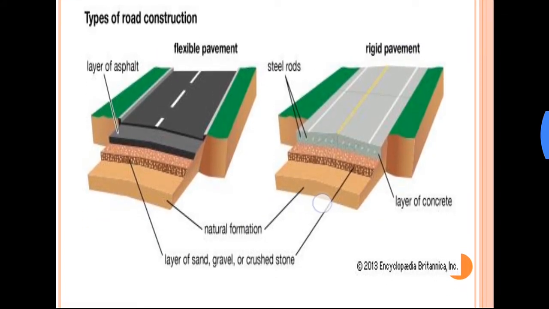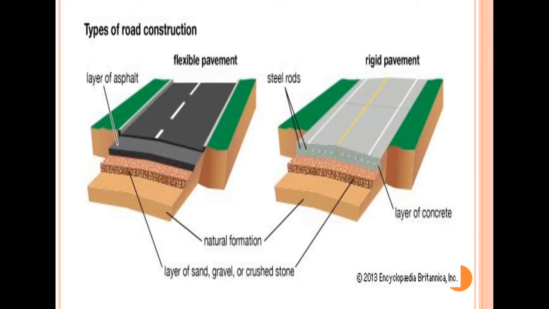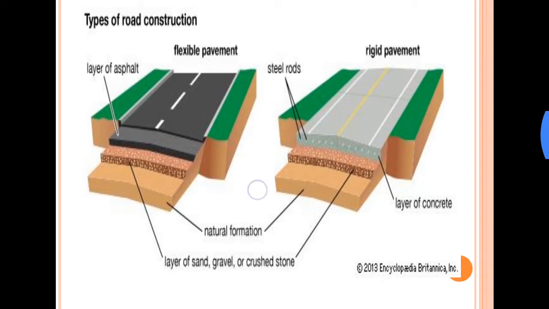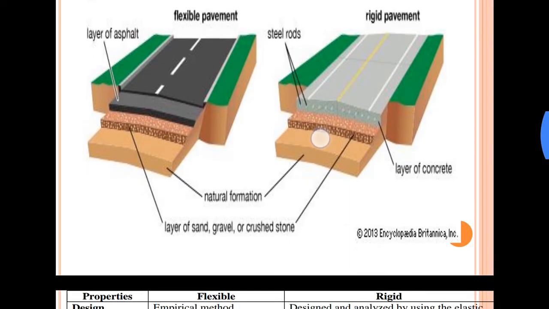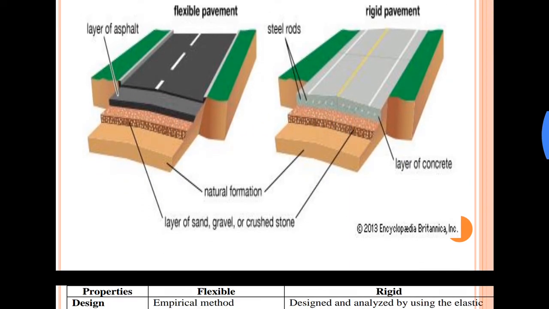Now in the types of construction part, you can see what is the difference. This we have already studied once, but I'll repeat this again. Up to the sub base or the base course, it's the same: the subgrade, then the sub base.